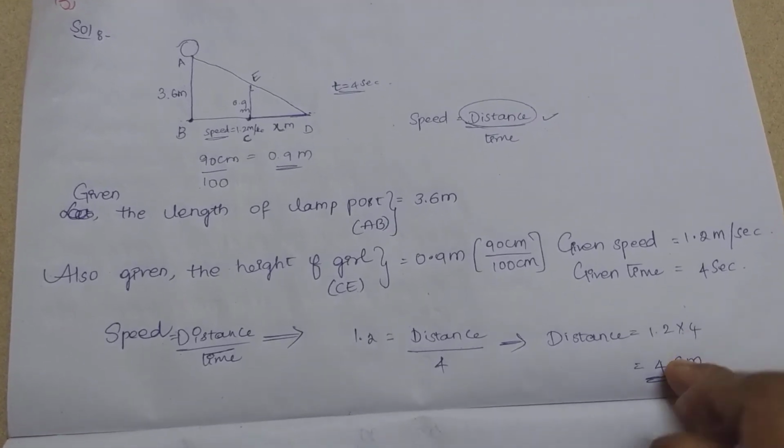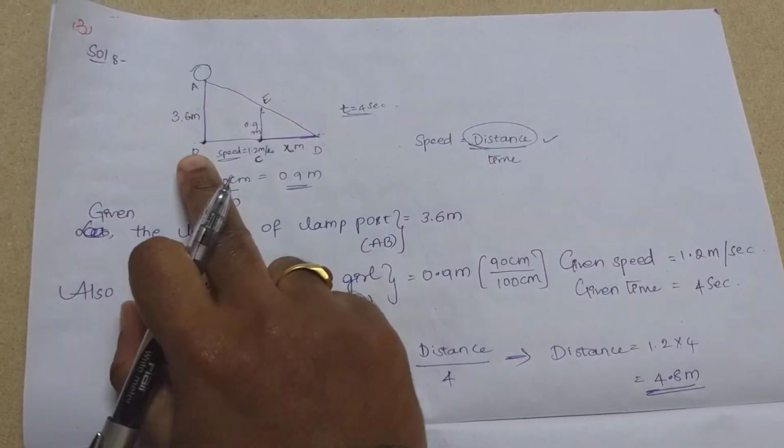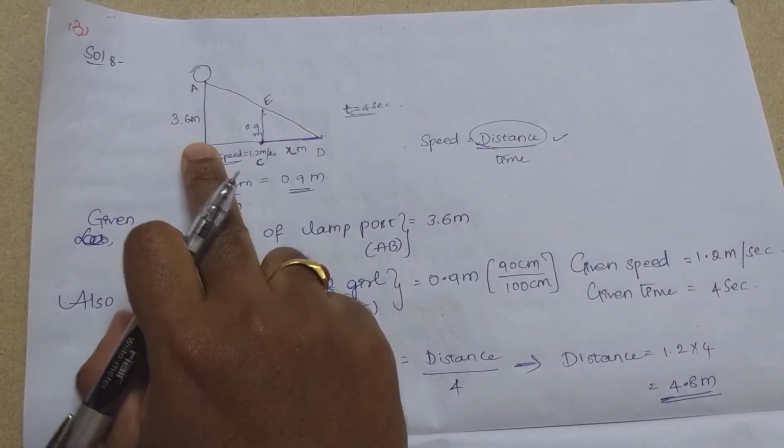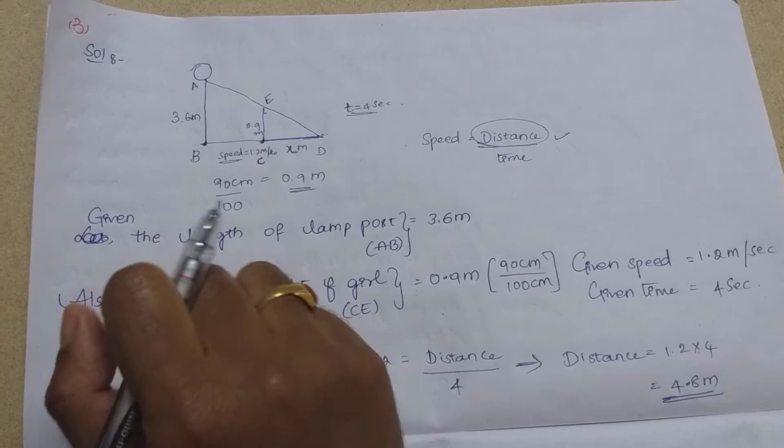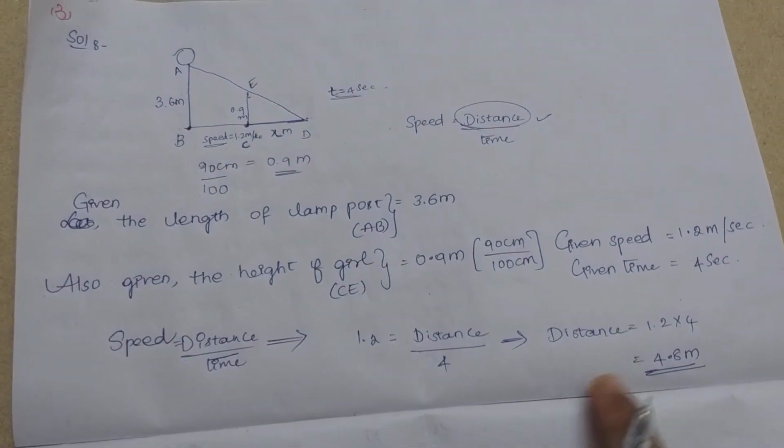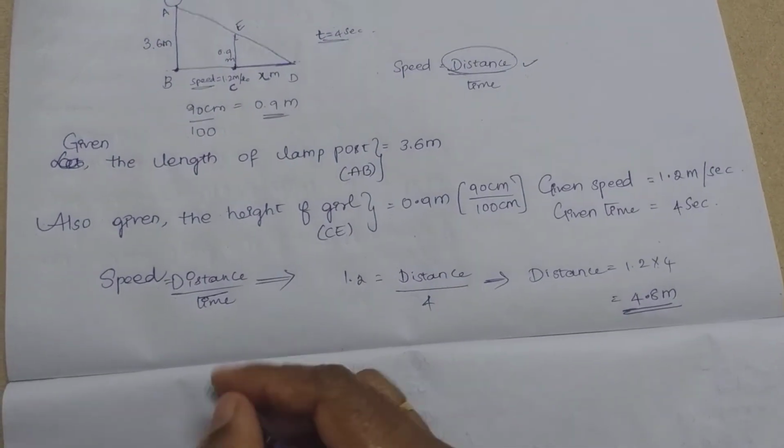Distance is 4.8 meters. What is this distance? The distance that the girl walked from the base of the lamp post to here, to C. That is 4.8 meters. So write the same thing.